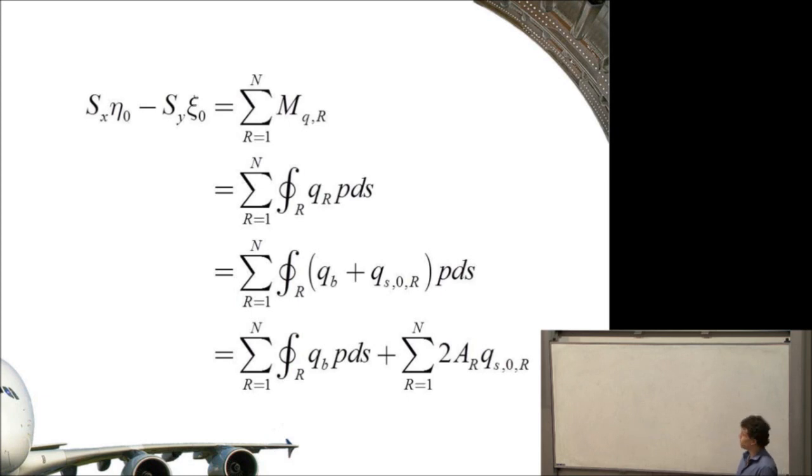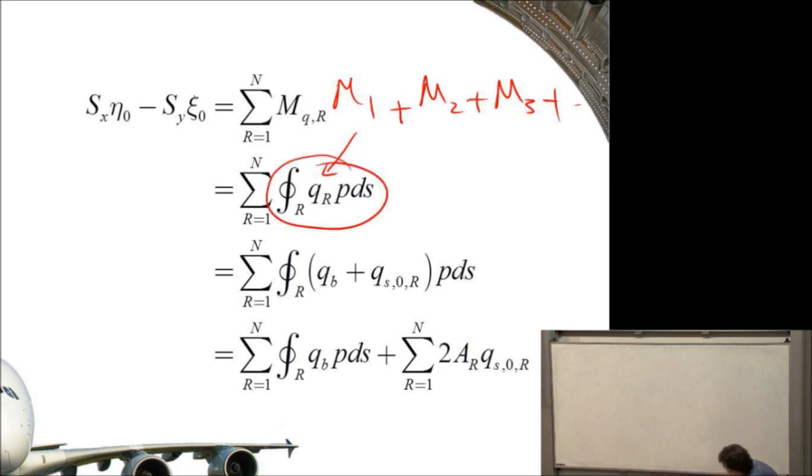So we've got the moment from cell 1 plus the moment from cell 2 plus the moment from cell 3. Each one of those moments is just the Q in the loop times p ds. So this is our integration around the loop. And you've got to do that n times.